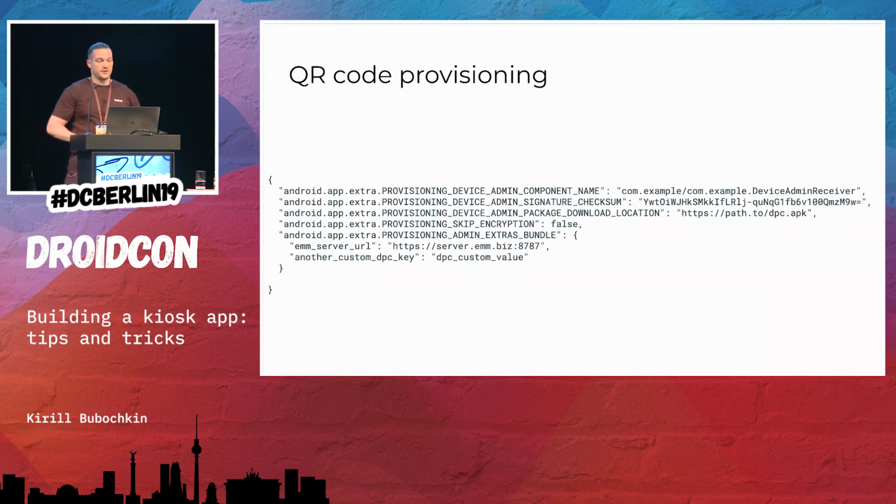In order to do that, you need to generate a QR code. Basically, it's just JSON data with some service info and some additional values that you want to be provided to your app. In our case, we generate this QR code in our main web application.